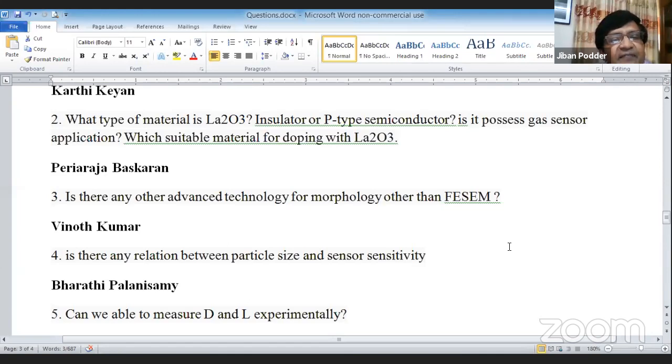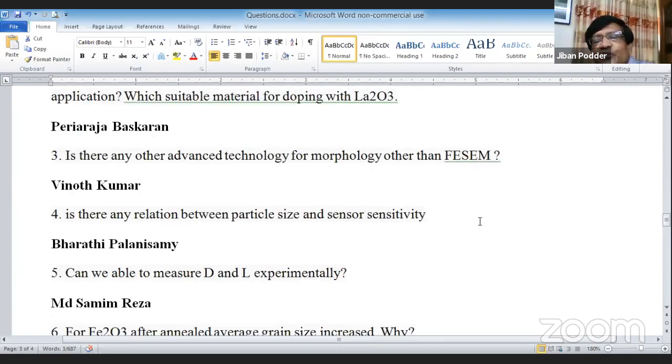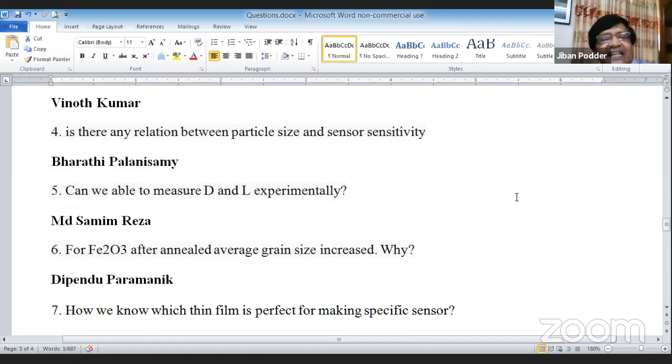Is there any other advanced technology for morphology other than field emission scanning electron microscope? Definitely. If we have the TEM, the transmission electron microscope, while the field emission scanning electron microscope is mainly for surface morphology. With it we can see surface morphology at the atomic level, agglomeration and crystallite size.